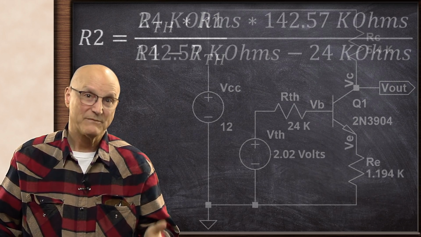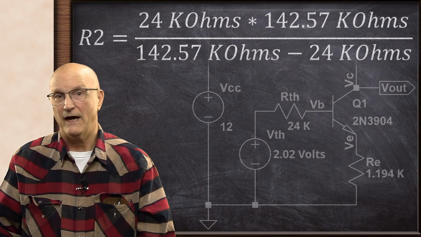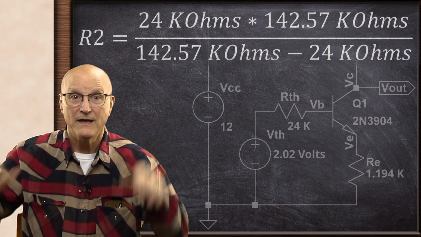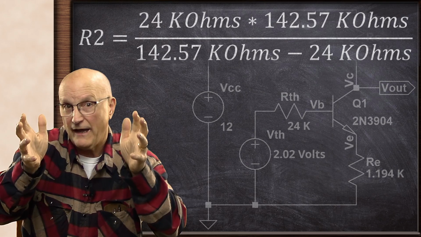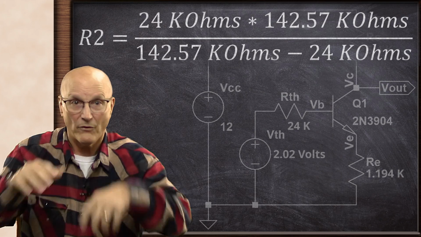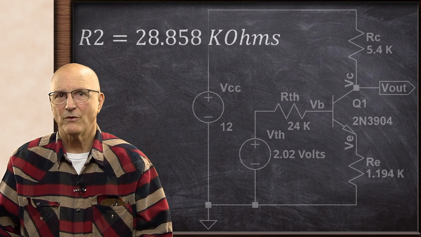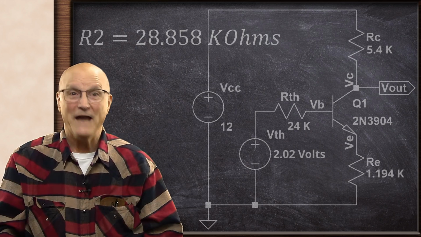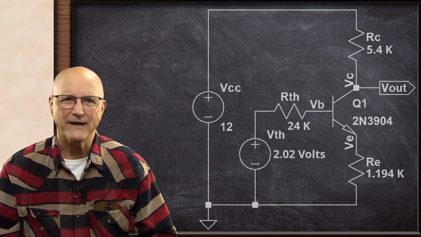So we get R2 equals 24 k ohms times 142.57 k ohms divided by 142.57 k ohms minus 24 k ohms, which gives us a value of R2 of 28.858 k ohms.